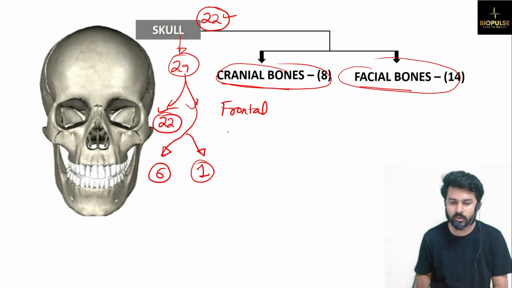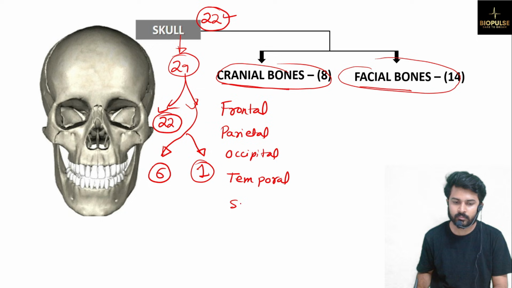This is frontal bone, parietal, occipital, temporal, sphenoid and ethmoid.